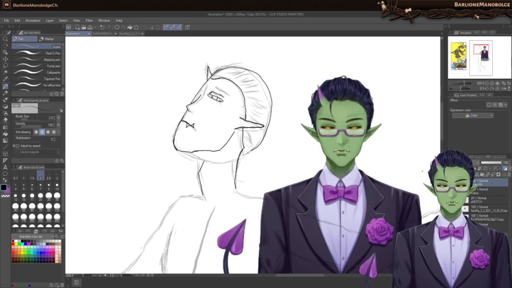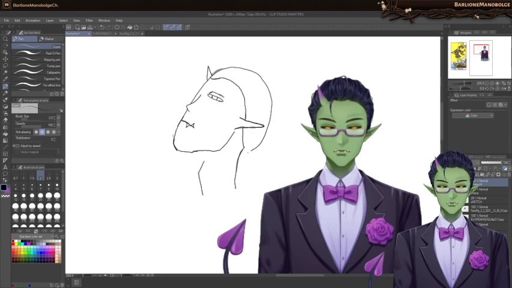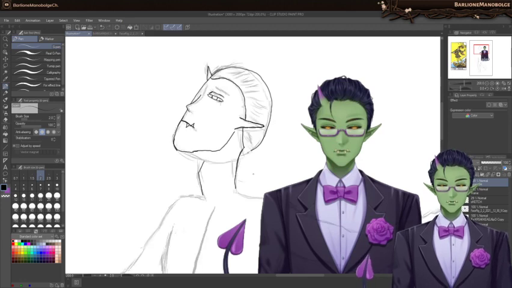Okay, maybe that. That looks somewhat better. Suppose if I do this, the neck, is that what the body looks like?